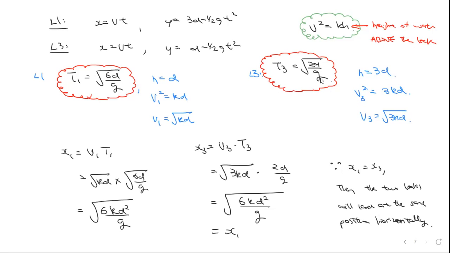So they've taken different times to land, but they've also gone across at different velocities. And the result of that is they both land this many units away from the origin, across to the right.